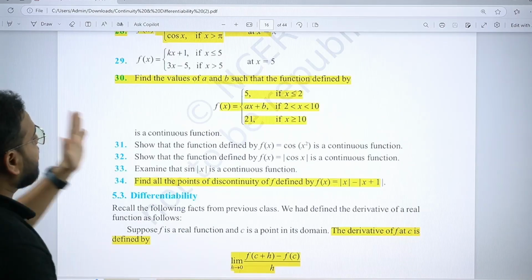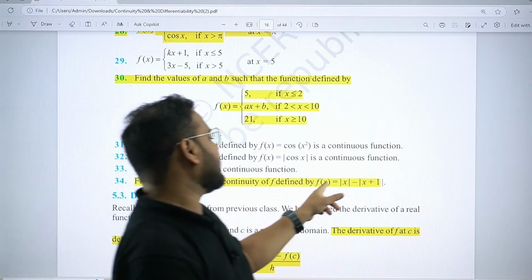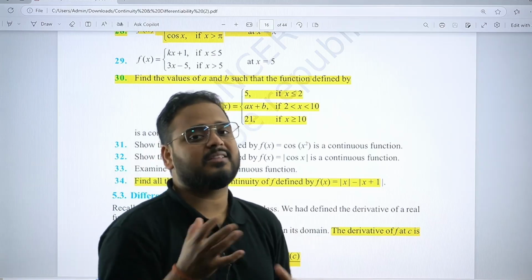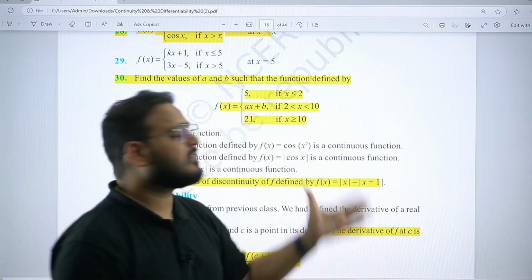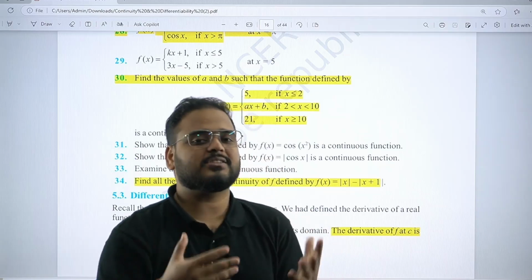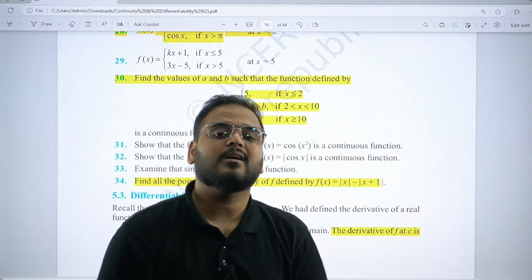So please solve all these questions. And 34, find all the points of discontinuity of function f defined, a similar question. It was given in the solved example as well, so you can try that way. That's why the questions are very, very useful for you. If you are able to solve all these questions, it gives you the confidence in the concept. If it comes in the examination, you will certainly be solving that for sure.